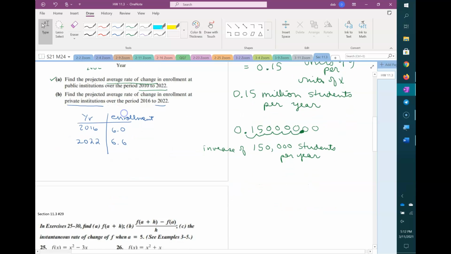So again, I would find my slope, 6.6 minus the 6 over 2022 minus 2016, and I'm getting 0.1. So by the same process as for part A, that's an increase of 100,000 students per year is what this graph is projecting.